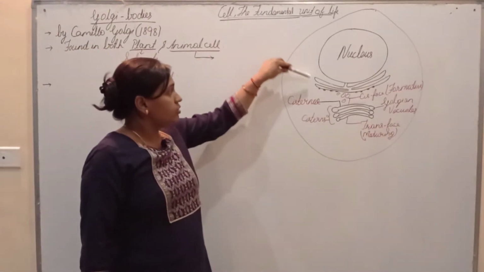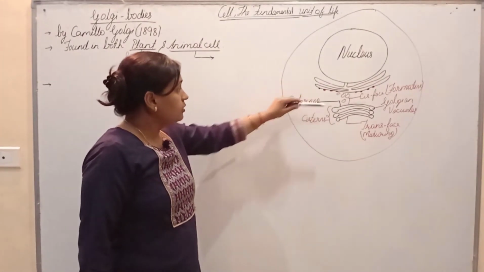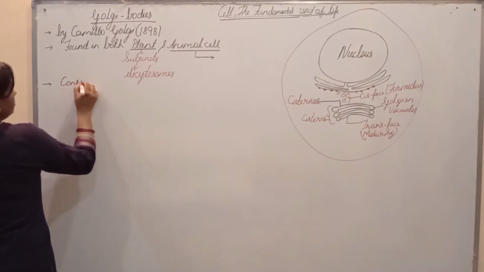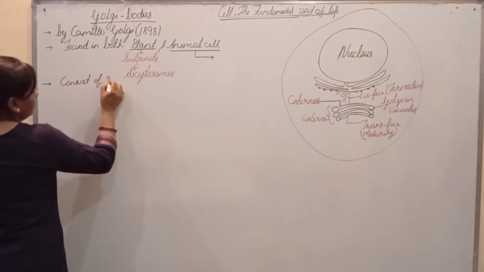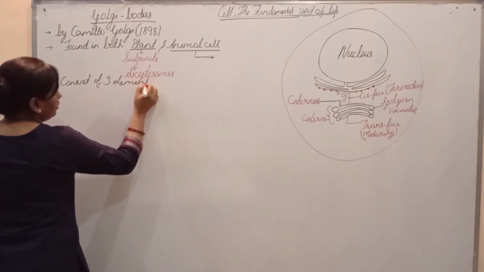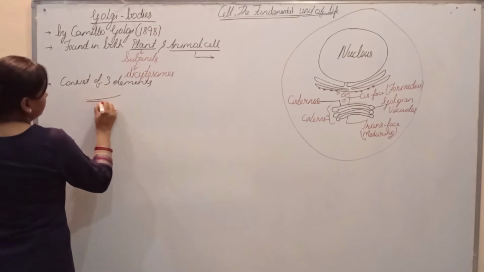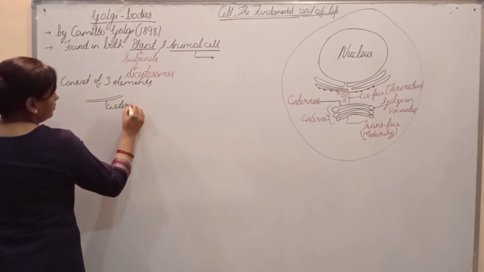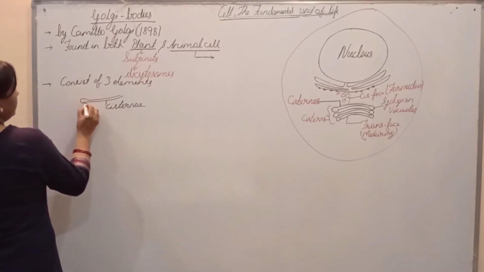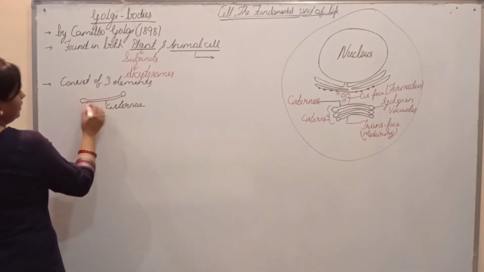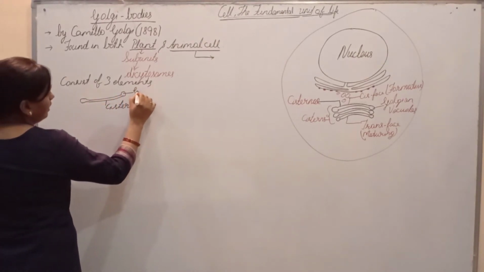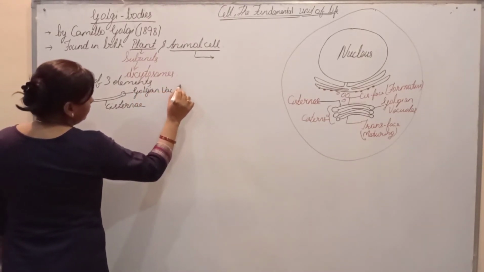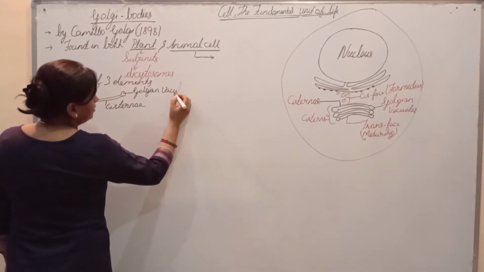Now let us see the structure of the Golgi body again. The Golgi body consists of three elements. These are flattened sacs, called cisternae, and inside and at both ends there are Golgian vacuoles that are helpful in the secretion of materials.